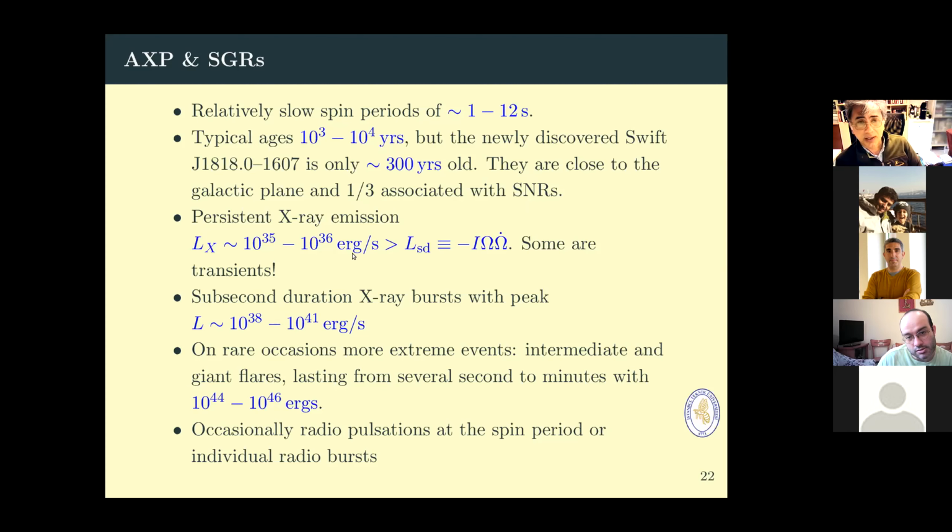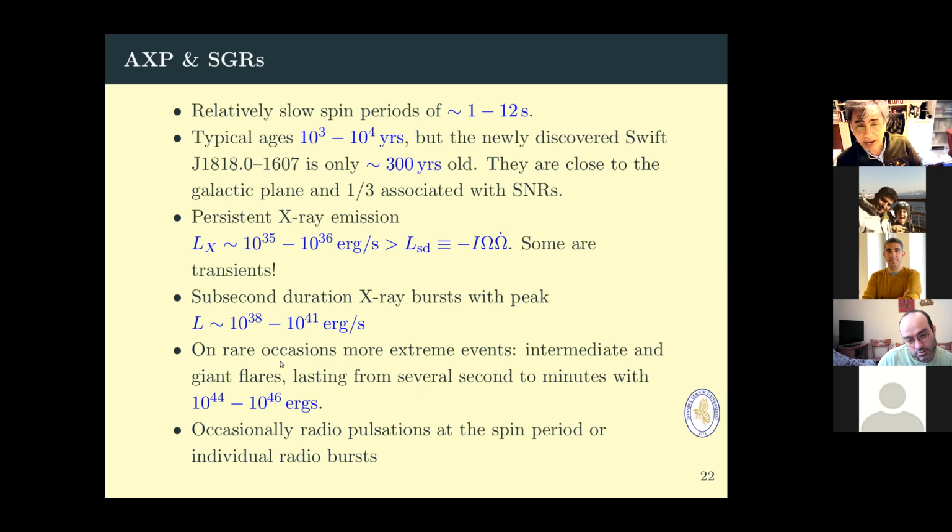Anyway, their persistent X-ray emission is about 10^35 to 10^36 ergs per second, which is always greater than the spin-down luminosity. They show sub-second duration X-ray bursts with peak luminosities reaching 10^41 ergs per second, which is the definitive property of these objects.